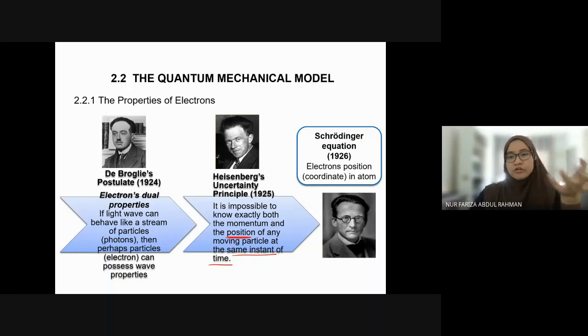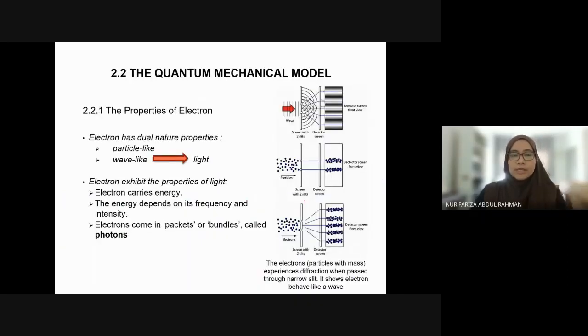And then Schrodinger later on highlighted the coordinates, the location, the probability of the electron's location. Those three are the most well-known scientists and theories, the fundamentals of the quantum mechanical model.